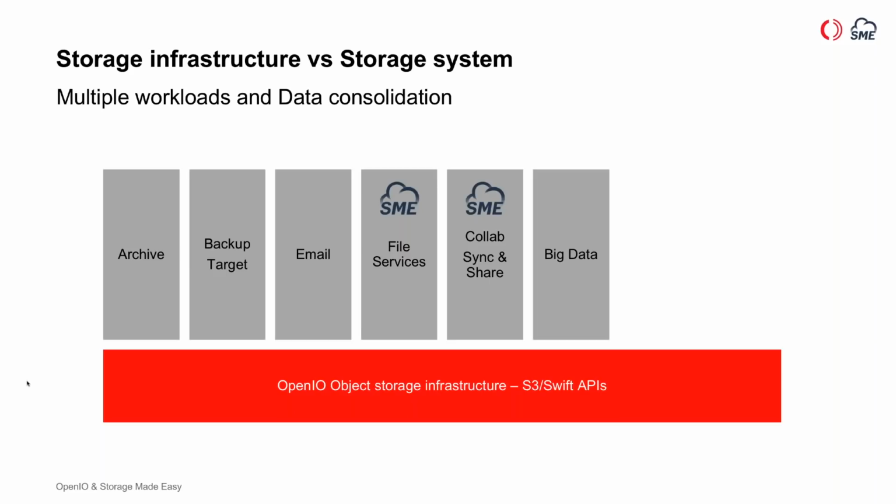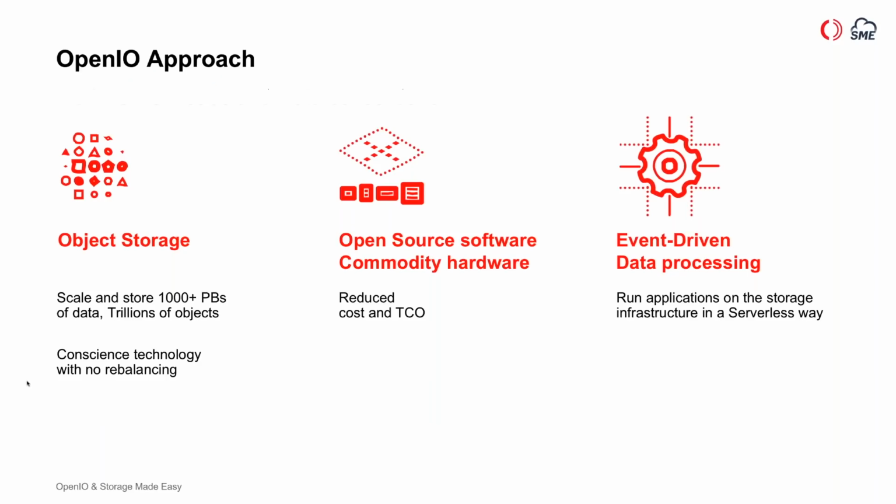We usually have the ability to run multiple workloads on the same infrastructure. In fact, as you can see here, the same infrastructure can serve archive workloads, backup, email in the case of OpenIO, and thanks to our partner SME, for example, also file services and sync and share services are available on our platform. But it's also good for big data, web applications, and so on.